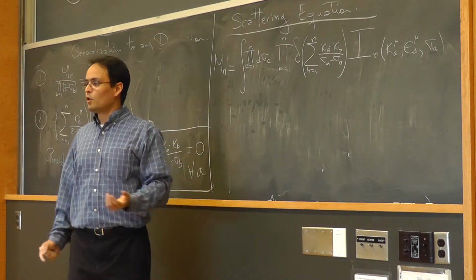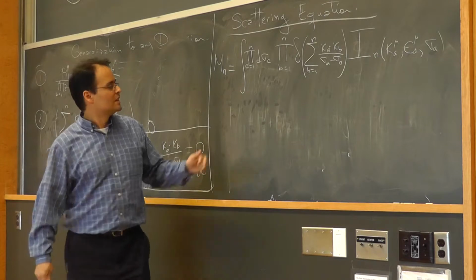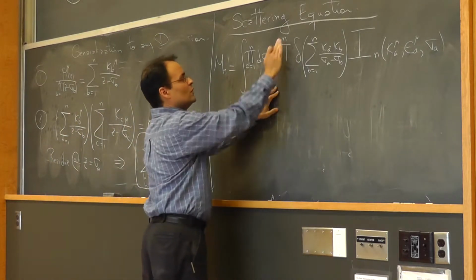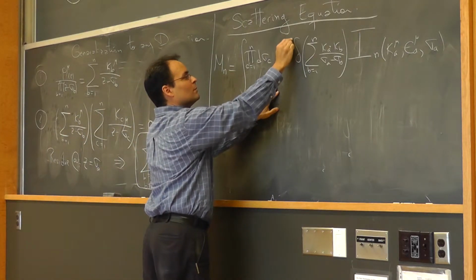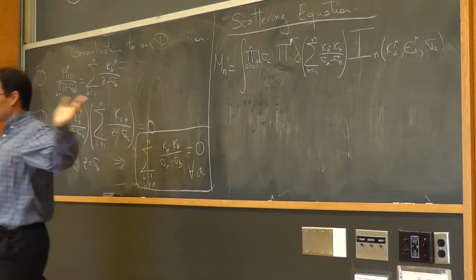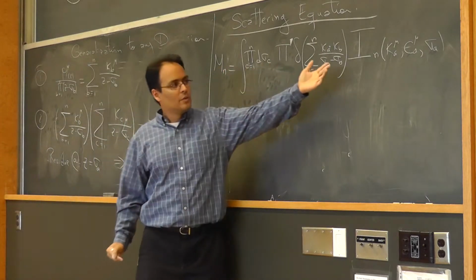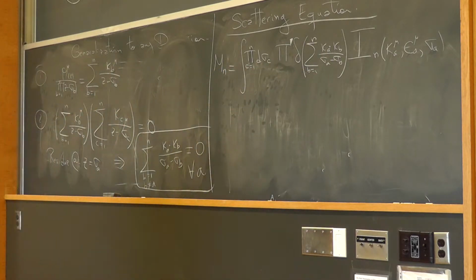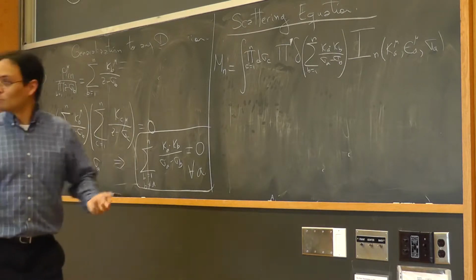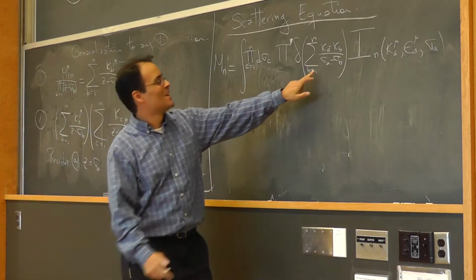So the way to fix that problem, whenever you have something like that, is actually very easy. What you do is that you do this and you put a prime. And you tell people, well, this is on the support of those things, whatever it can be. Now, we wanted to describe theories that are physical. So they must be permutation invariant in the labels. Even for gluons, if you keep track of the color structure, it must be permutation invariant, despite what many people will tell you.